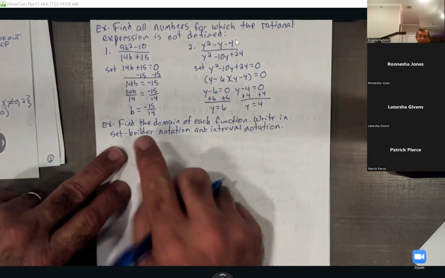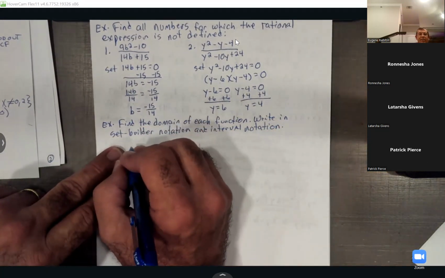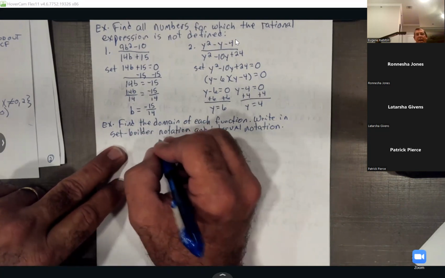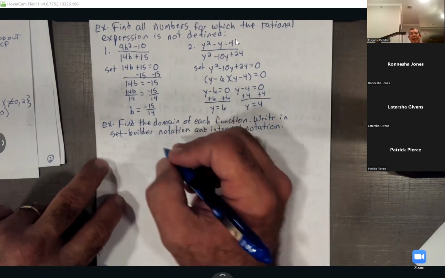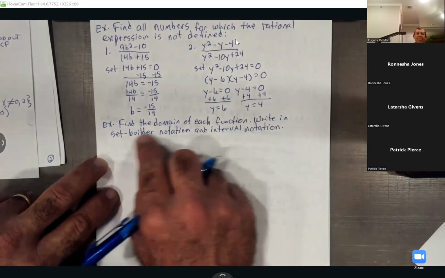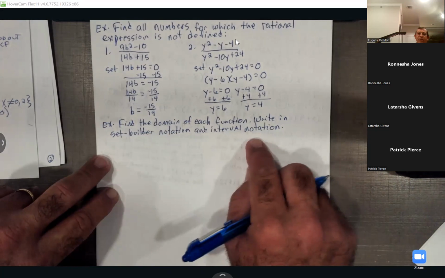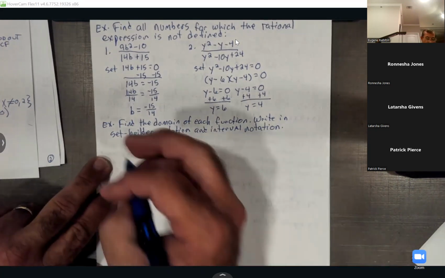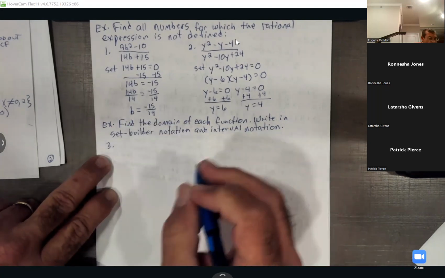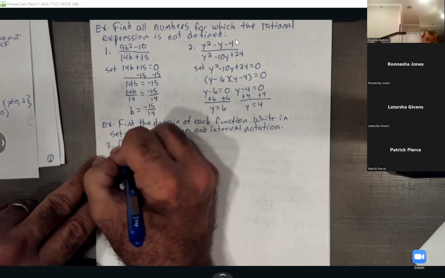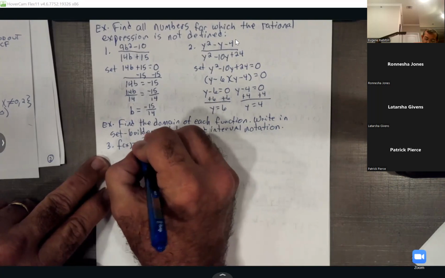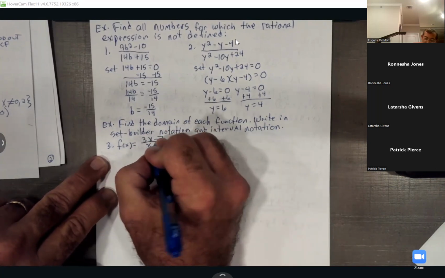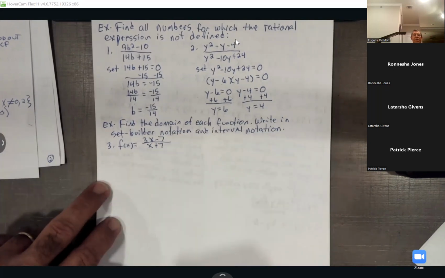Set builder was when they gave us the fancy parentheses and it said X bar, which means such that X is a real number and X cannot equal whatever. That's set builder notation. Interval notation was using the negative infinity and infinity stuff. So at number 3, the first one they want the domain on is f of x equals 3x minus 7 over x plus 7.